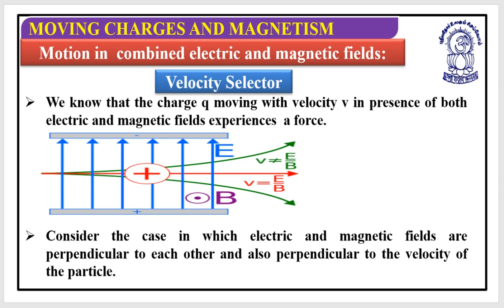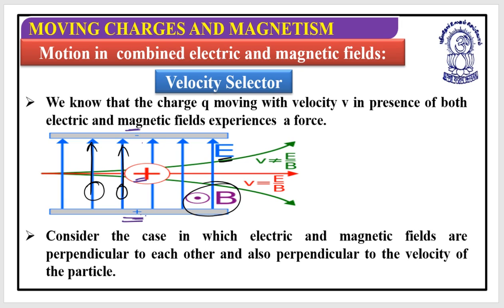Look at this situation. A positively charged plate and a negatively charged plate. As we understand from the electric charges and fields unit, the electric field is from the positively charged plate to the negatively charged plate. So this is the direction, vertically upward. It's an electric field.